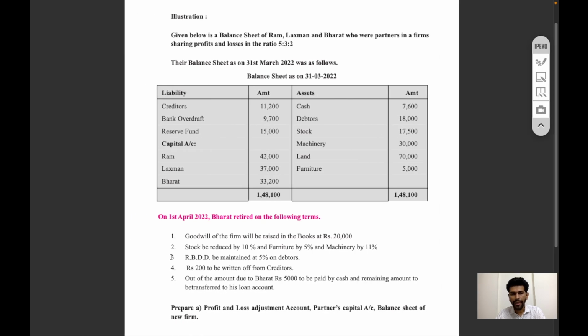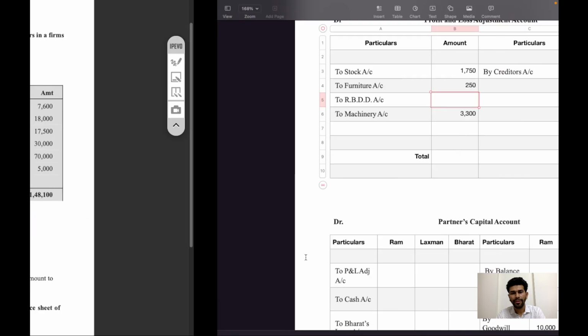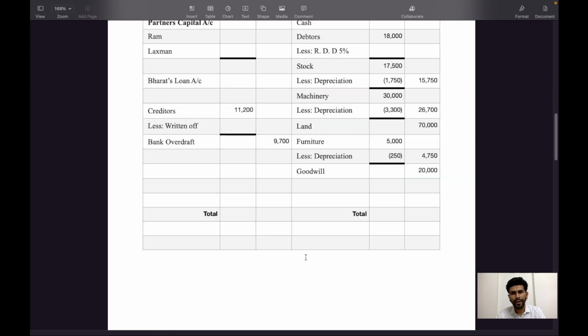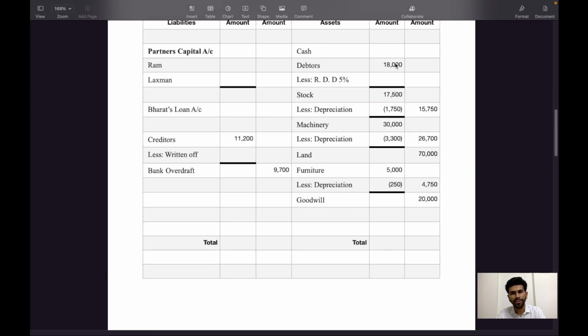Third adjustment, reserve for bad and doubtful debts we maintain at 5% on debtors. The value of debtors is 18,000 rupees and the reserve for doubtful debts is 5% on 18,000 rupees. So the amount will be 18,000 into 5%, that is 900 rupees, and balancing figure 17,100 will be in the outer column.